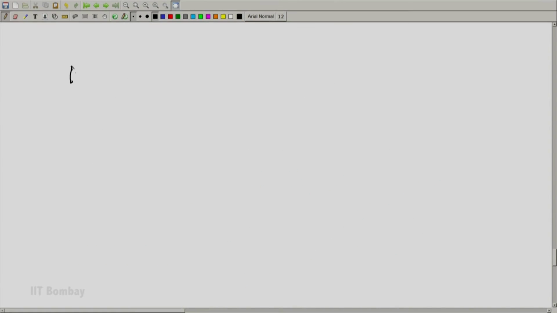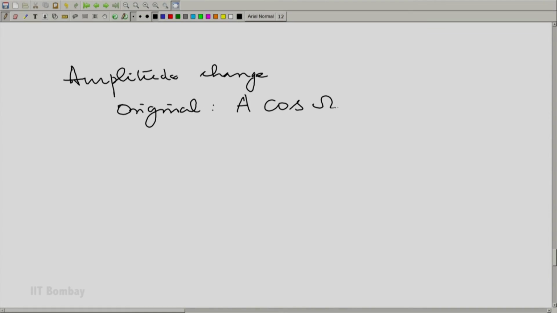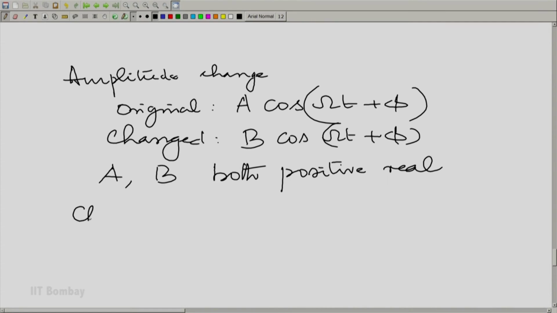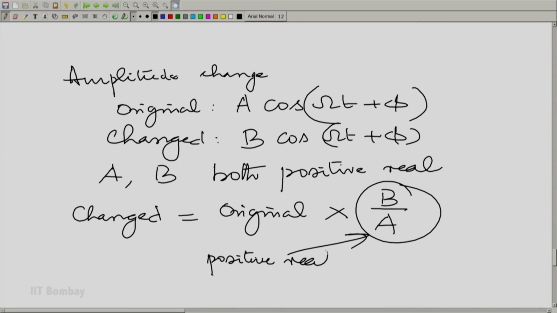Now, a change of amplitude in a sine wave is easy to understand. Let us see why. So, suppose you had the original sinusoid to be A cos(Ω t + φ) and the changed sinusoid to be B cos(Ω t + φ), and needless to say A and B are both positive real numbers. Then the changed sinusoid is equal to the original sinusoid multiplied by B by A, which is also a positive real number.